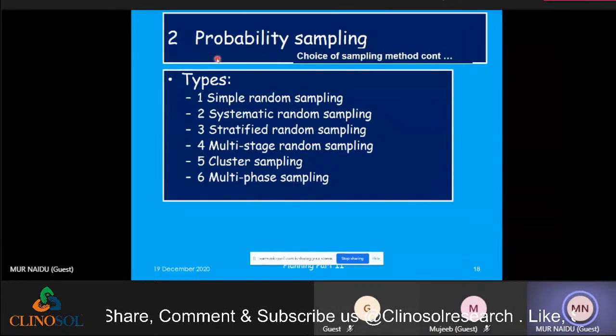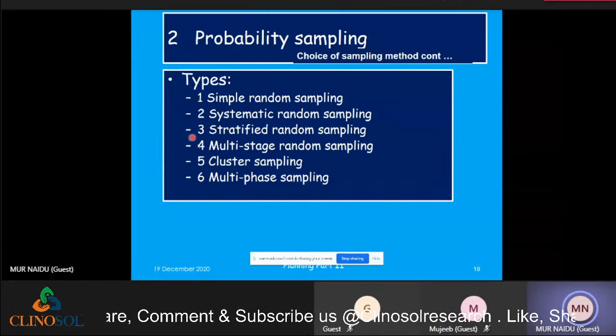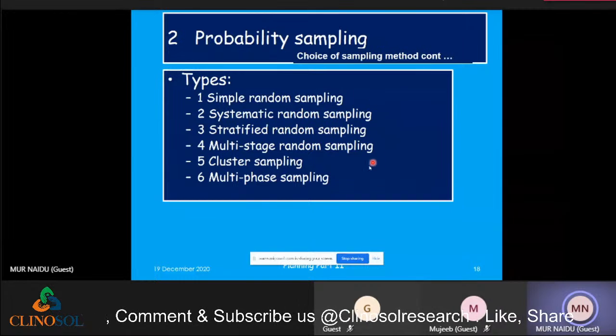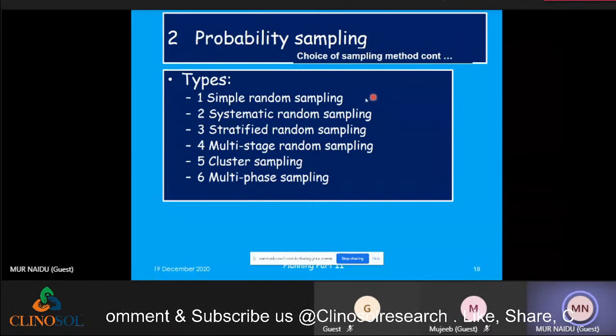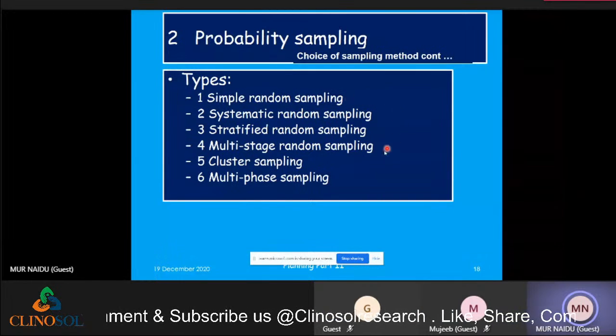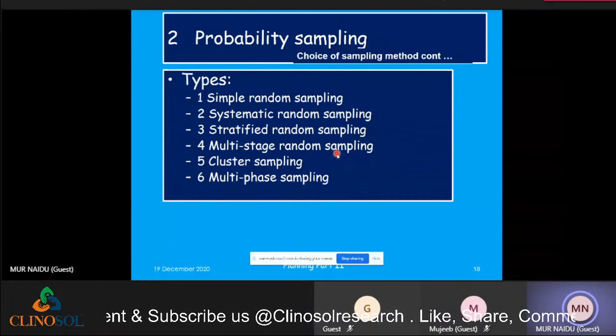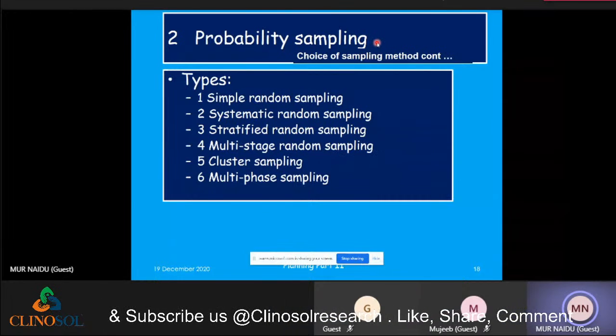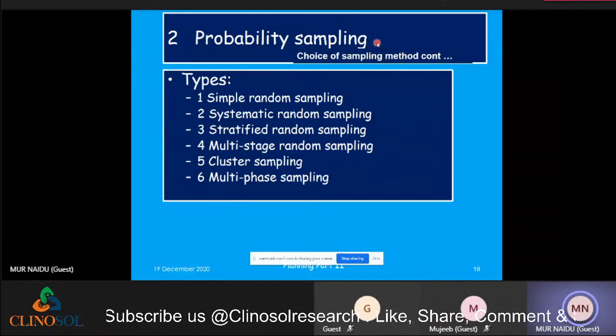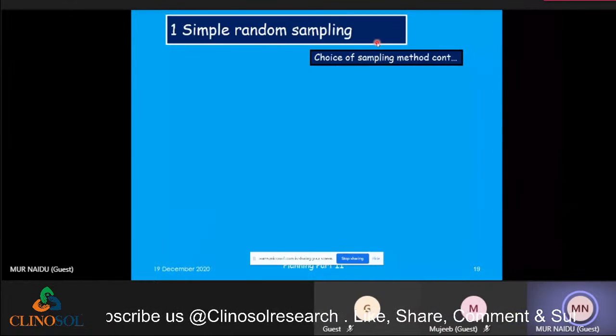So the sampling in a probability system is of 6 types. One after the other, I will explain from simple randomization to multiple randomization, because this is a very important step in clinical research. Coming to simple randomization.